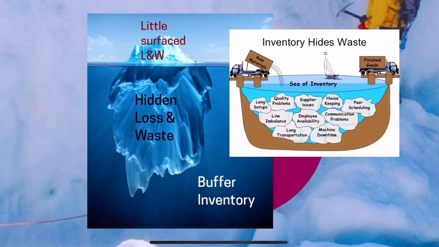What is buffer inventory? Buffer inventory is the work in process inventory. So, what you need to do is try to reduce your buffer inventory as low as possible. And if you are not able to reduce your buffer inventory in practice on the floor, then you don't need to worry about it.